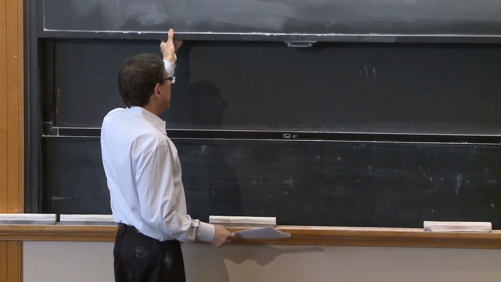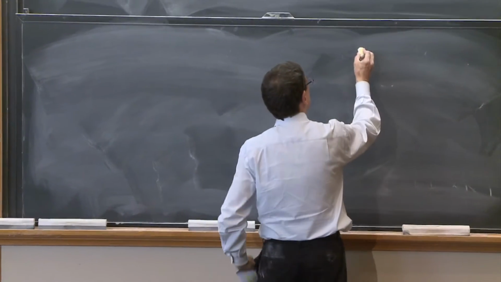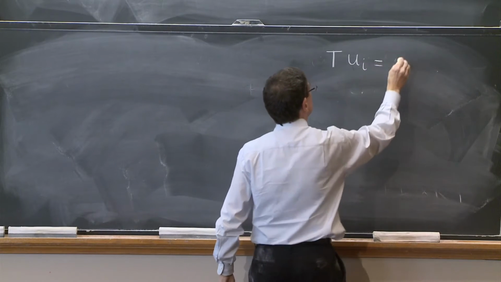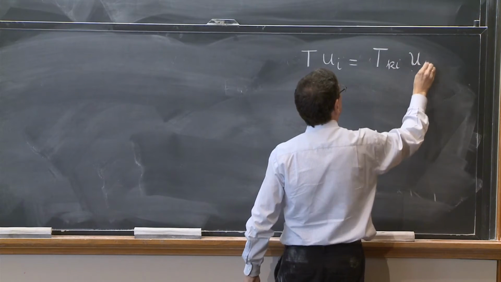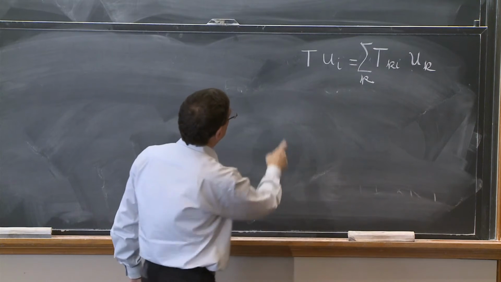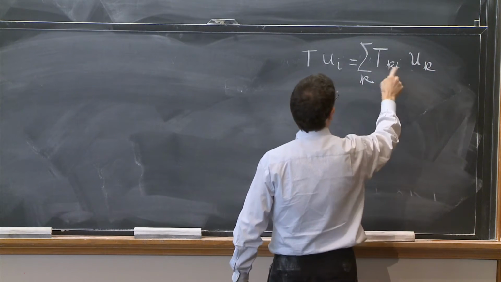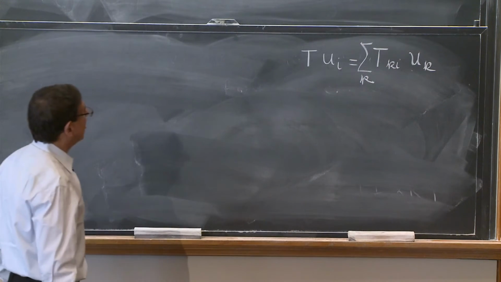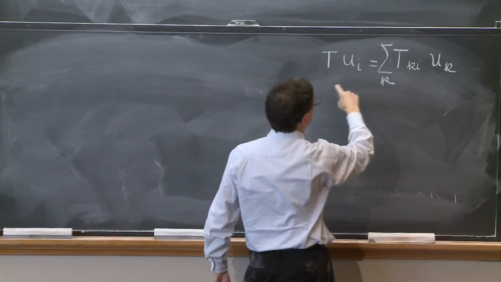Well, you may remember all these definitions we had about matrix action. T acting on Ui is supposed to be the sum over k of T_ki Uk in some basis. You act on Ui and you get a lot of U's, and these are the matrix elements of the operator. Now, the fact that this is diagonalizable means that in some basis, the U basis, this is diagonal.